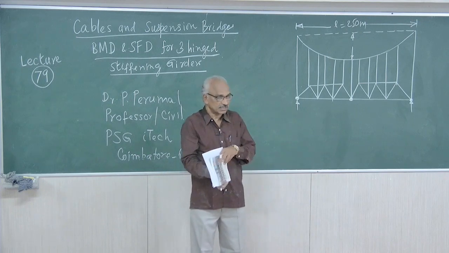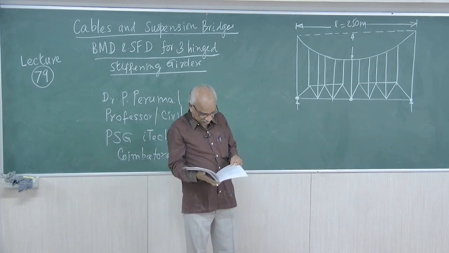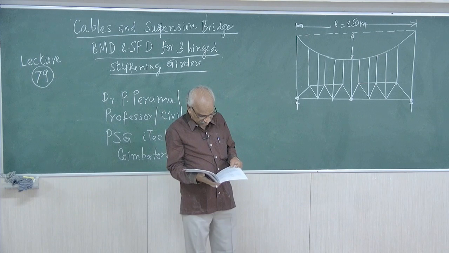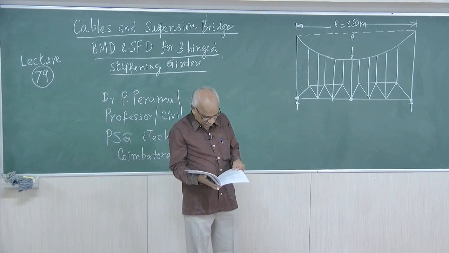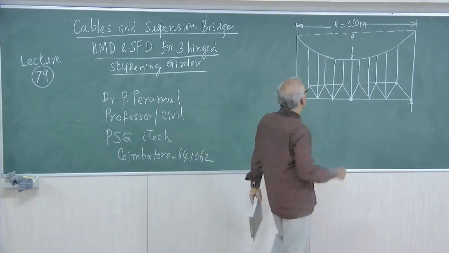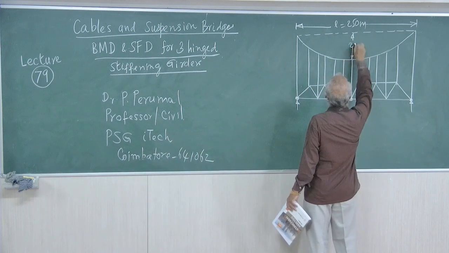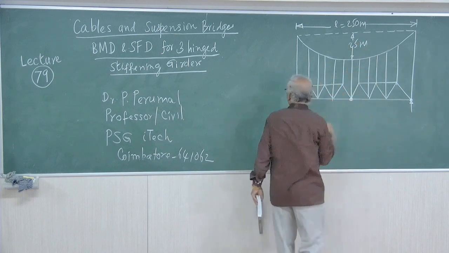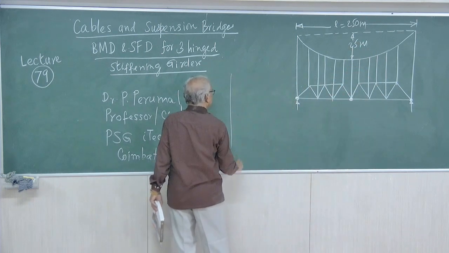Now it covers both girders, right. 2 numbers of three-hinged stiffening girders supported by cables with a central dip of 25 meters. Central dip equal to 25 meters.